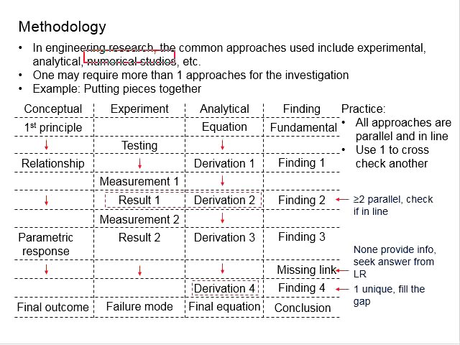Therefore, you will do numerical study to cover broader aspects, trying to understand the subject that you would like to study, and then you conduct experimental study for verification purposes, as well as to obtain information which cannot be acquired from the numerical study, as a complement to the numerical study. The idea here is to put the pieces together, and there will be areas of overlapping and there will be areas of non-overlapping.